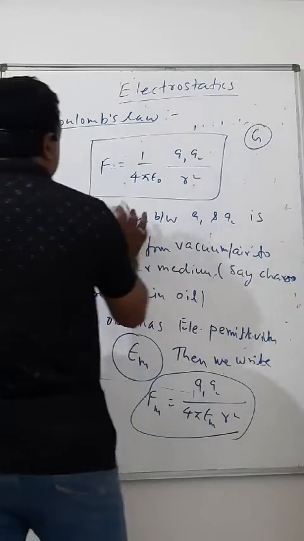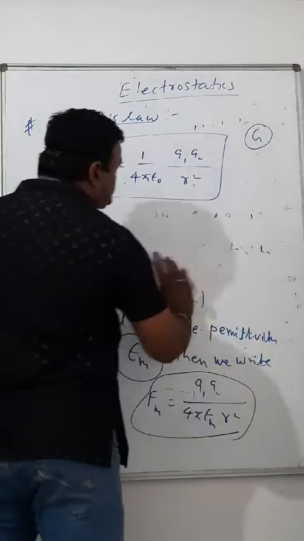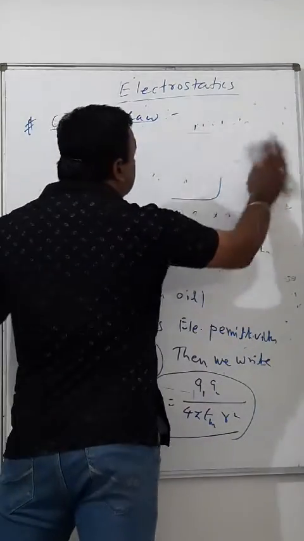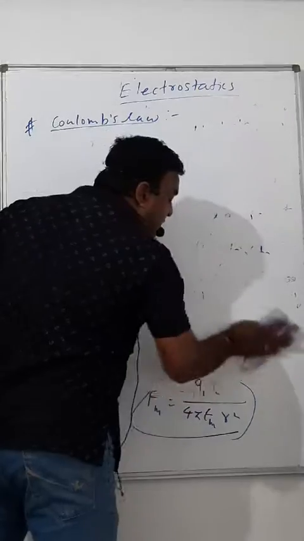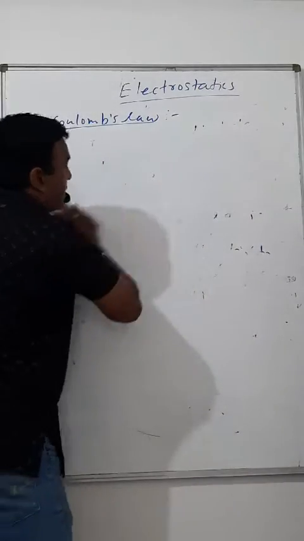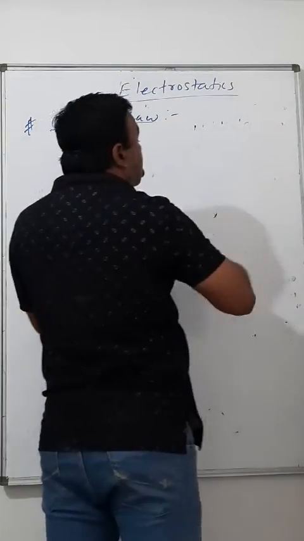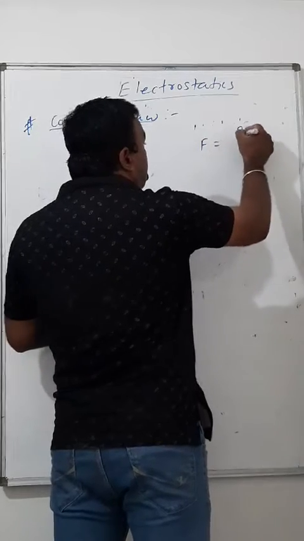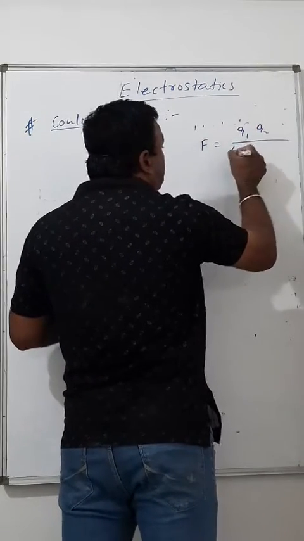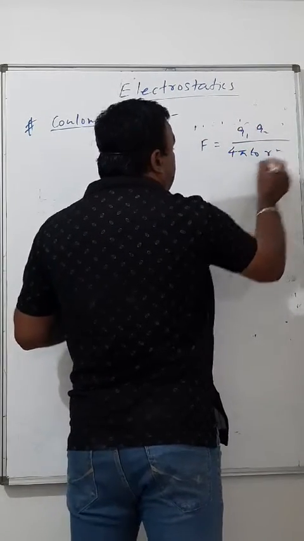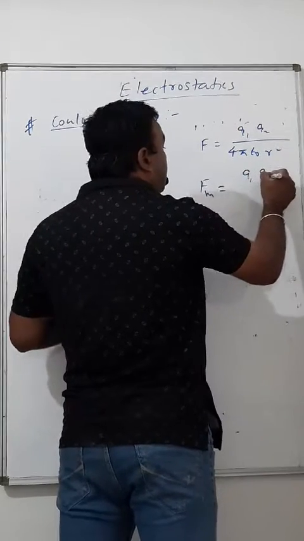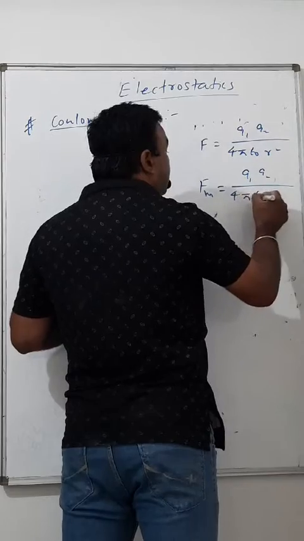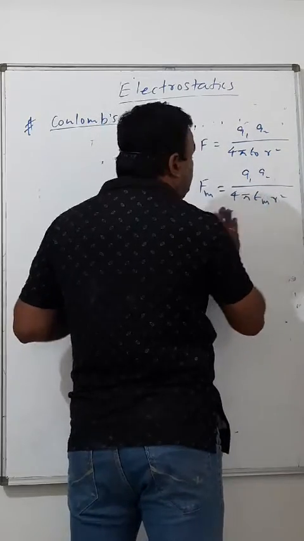Now I discuss these two. I have two formulas, then I define a new thing. I have F equals Q1 Q2 by 4 pi epsilon naught r square and Fm equals Q1 Q2 by 4 pi epsilon m r square.